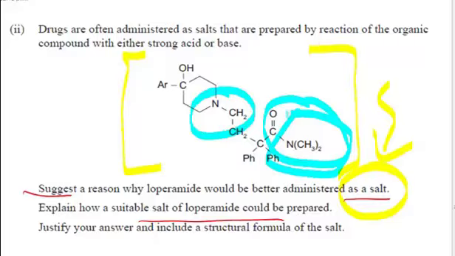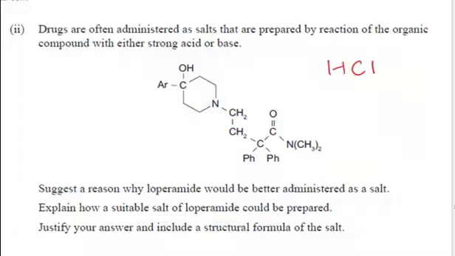So perhaps the one more worth considering is reacting this amine group here. If we do it with, say, HCl, then we're going to have this as a base, accepting a proton.